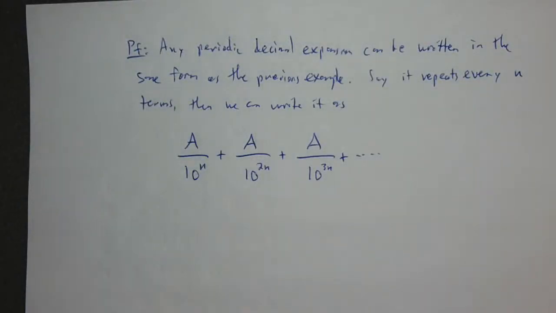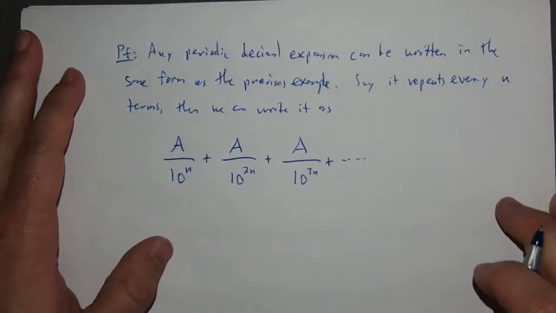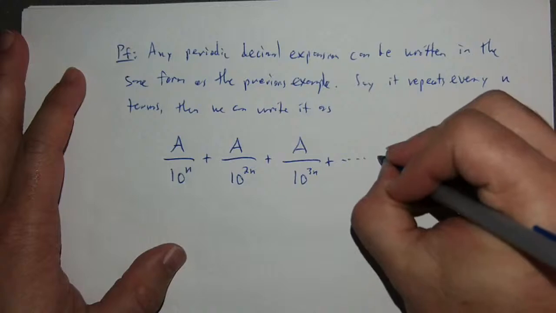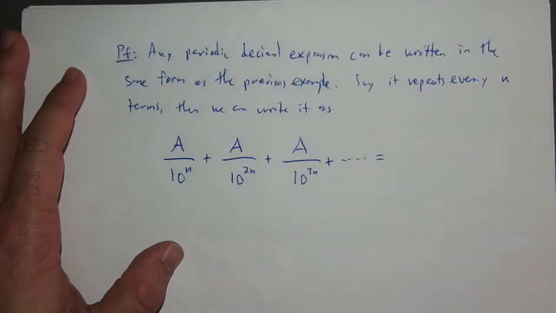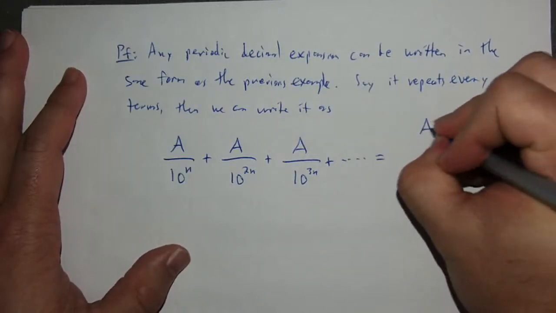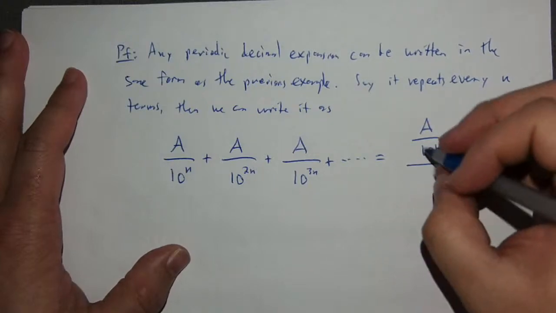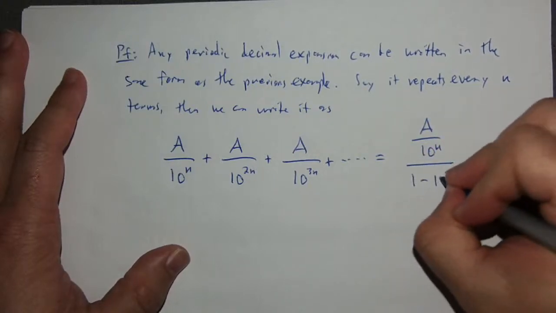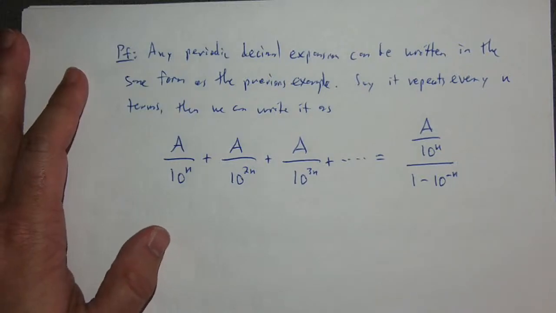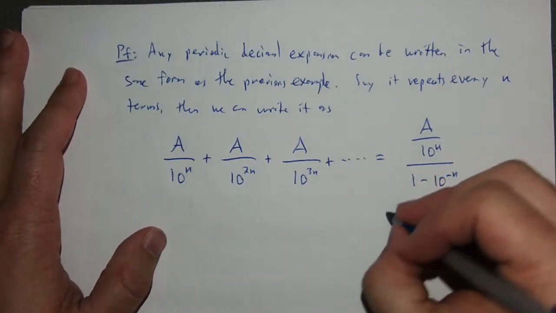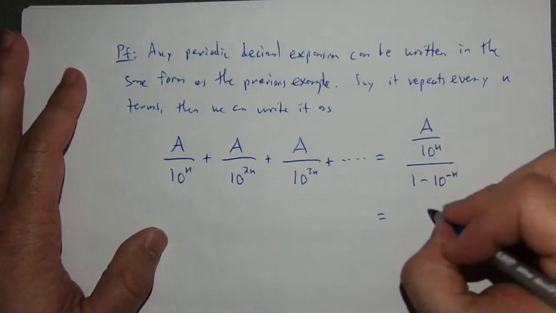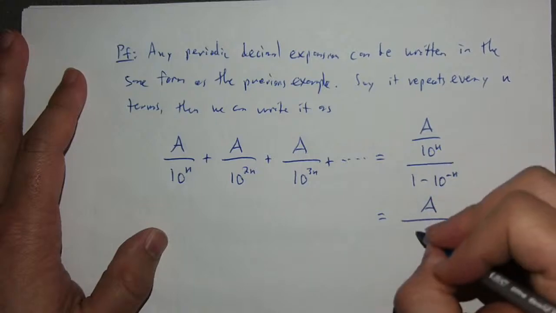So if it repeats every n terms, this is the form that it takes. And so now using the geometric sum formula, again, this is a over 10 to the n over 1 minus 10 to the minus n, which, once we simplify that, is a over 10 to the n minus 1.